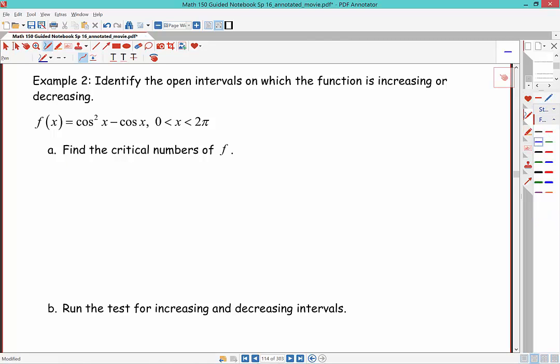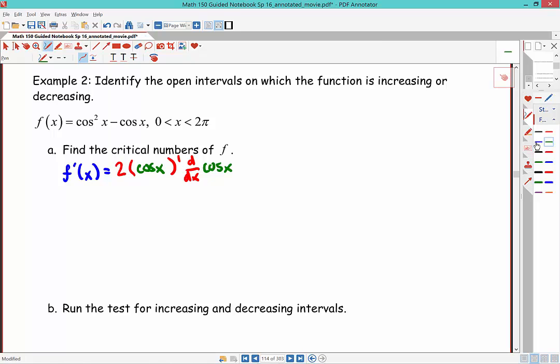So here we go, finding the critical numbers. We have to evaluate f prime at x, right? Remember that using the chain rule, we get 2 times our something to the 1 power, and our something was cosine at x. Then we need to differentiate with respect to x the inside, which was that cosine at x.